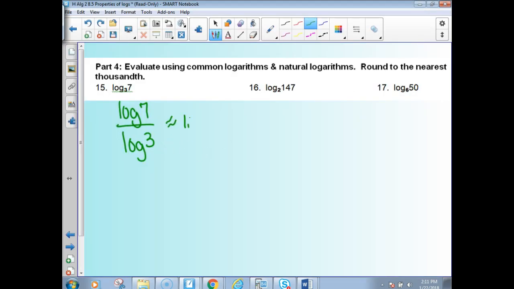And that's approximately, because you got to round it. I said thousandth and I only went to the hundredth. I need one more decimal place.